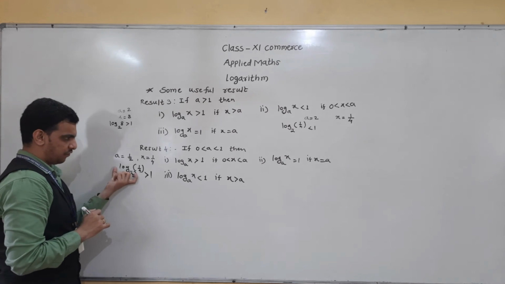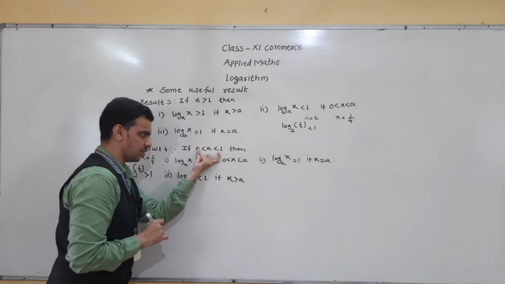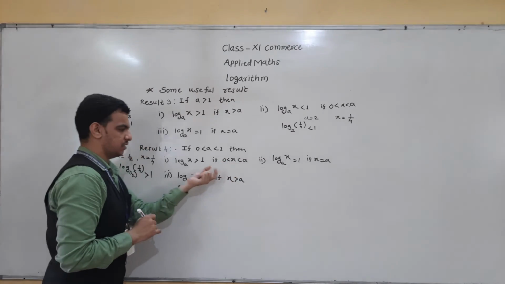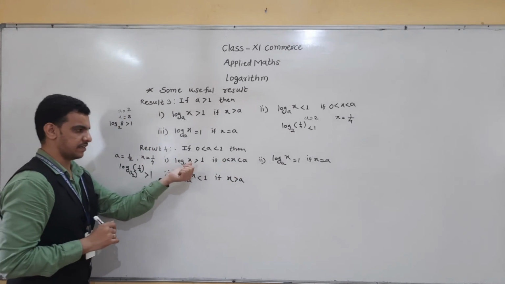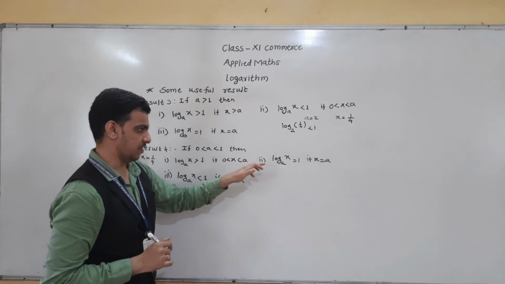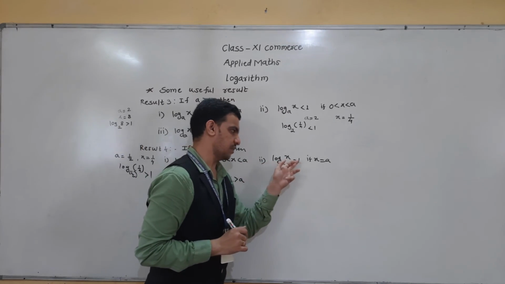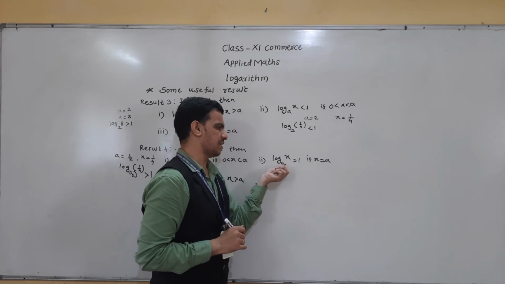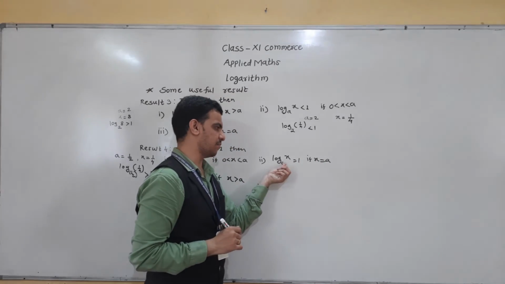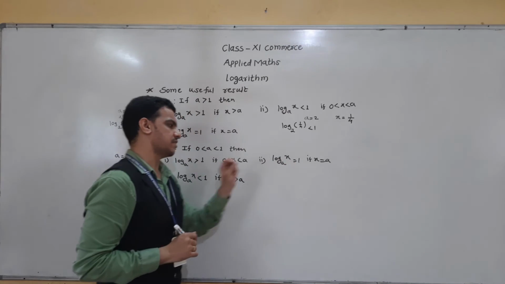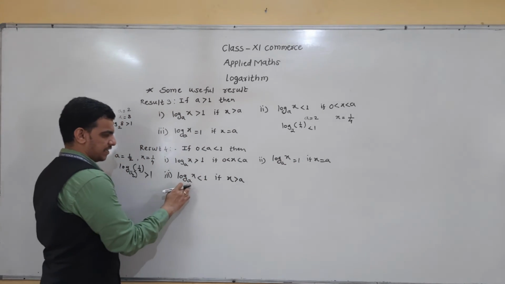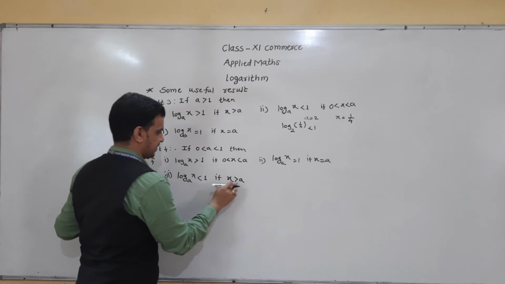So if a is in between 0 to 1 and x is in between 0 to a, then log x is greater than 1. Then log x is equal to 1 if x is equal to a. So when argument and base are equal, the answer is 1. Then log x to the base a is less than 1 if x is greater than a.